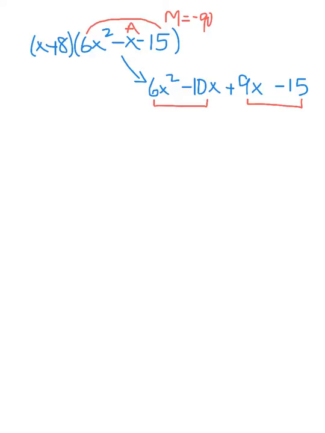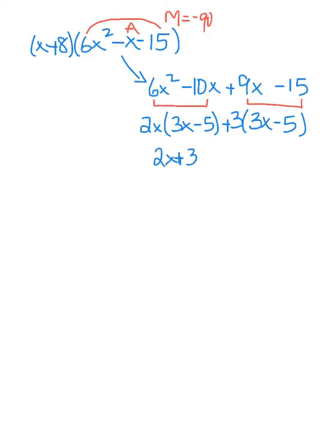So if I look at my first grouping, 6x squared and minus 10x, I can take out a 2x, and when I divide that in, I get 3x minus 5. Okay, my second grouping, I can take out a 3, and I'm left with 3x minus 5. So finally, if I factor that, I will get 2x plus 3. Those are the two GCFs, right?